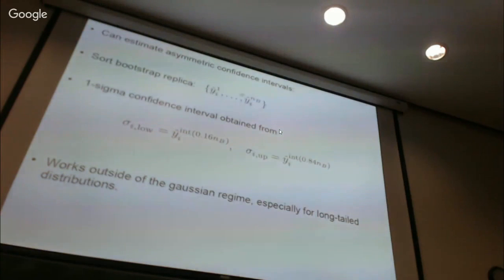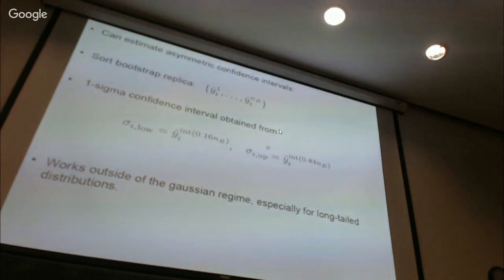Remember, these indices were arbitrary anyway, so now I'm just sorting them so that the smallest one is the one with the superscript 1, and the largest one is the one with the superscript MB. Then I just take the 16th percentile value, and that is, in fact, guaranteed to reproduce this definition of the confidence interval. Similarly, on the upper end, I can just take the 84th percentile value.